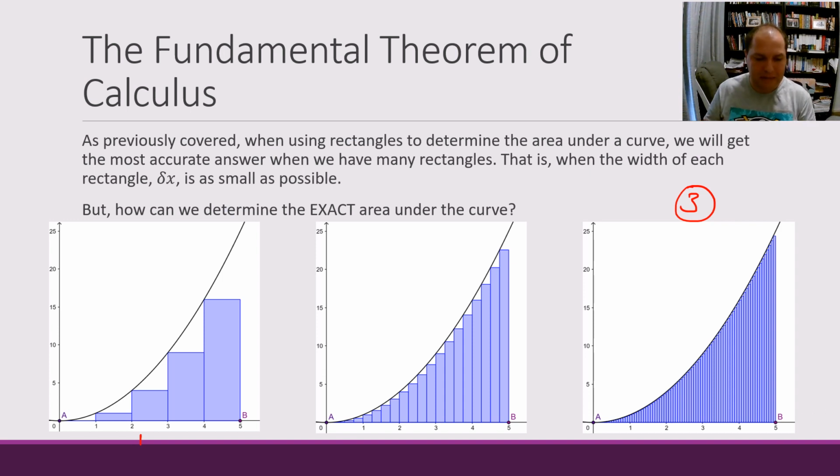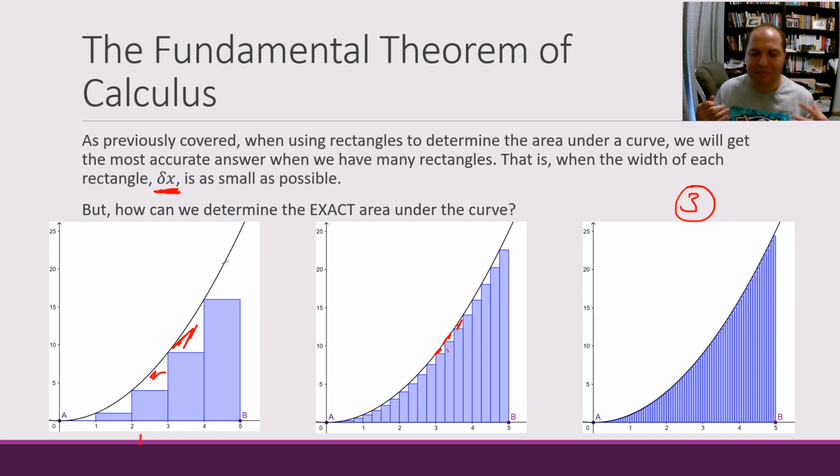That is because the width of each rectangle, delta x, is getting as small as possible. The smaller we make that width, the more accurate our area calculation is going to be. But we were only dealing in approximations because no matter how small we made those rectangles, we always had these little gaps at the top.